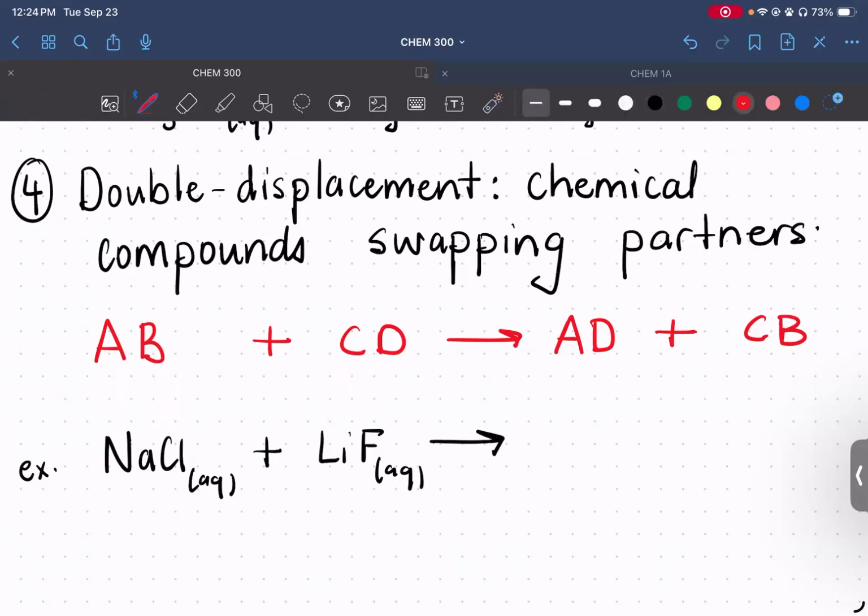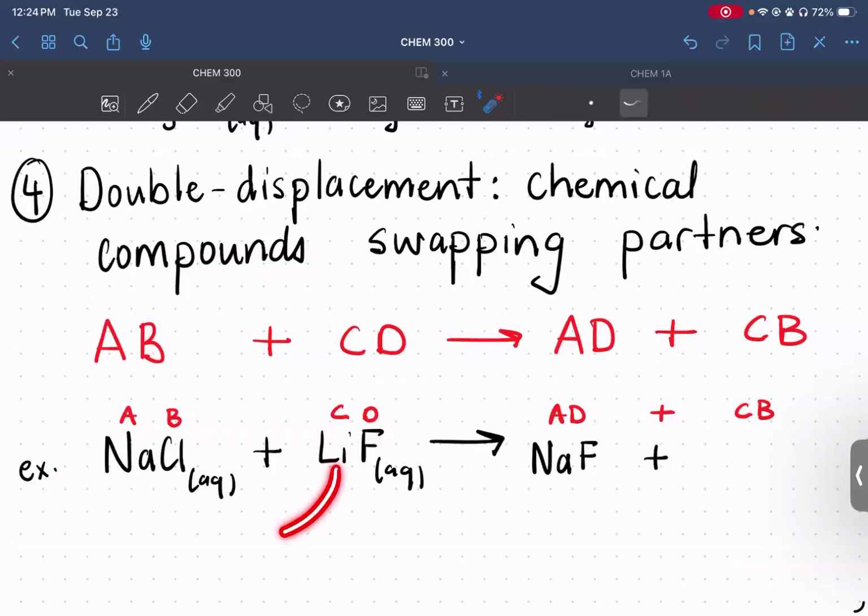We can very easily line them up, A, B, C, D, so that we can identify what's what, and use the pattern to predict the products. AD plus CB. A and D end up together. This becomes sodium fluoride. C and B end up together. That results in lithium chloride.